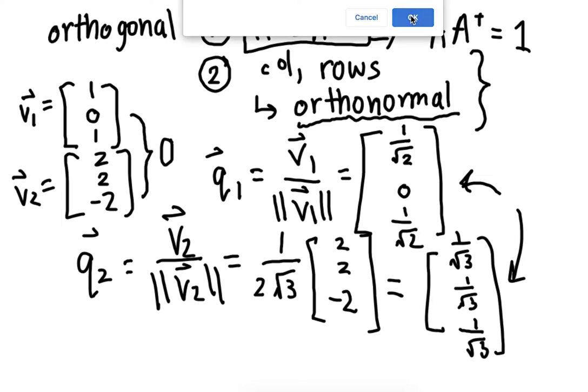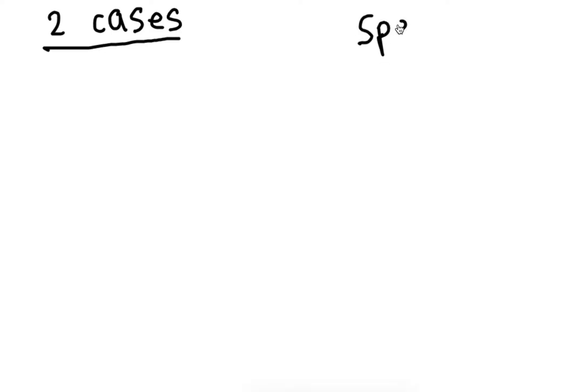Now let's get to the two cases for a matrix to be diagonalizable. Actually, before I go into this, I want to quickly touch on what it means for a matrix to be orthogonally diagonalizable, because that case is very simple. There's a theorem called the spectral theorem.